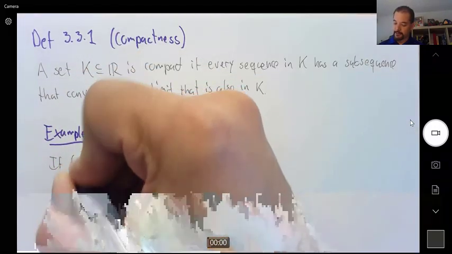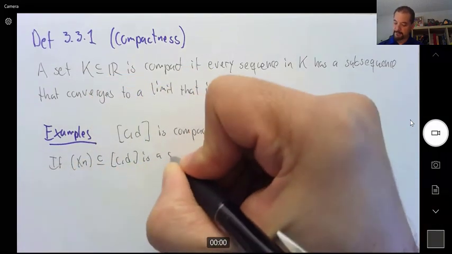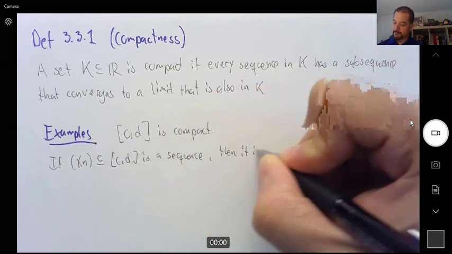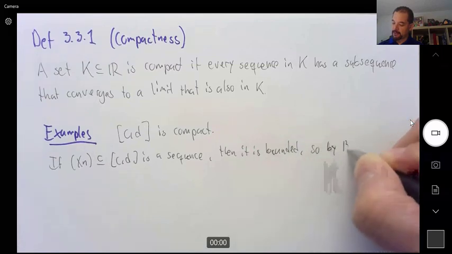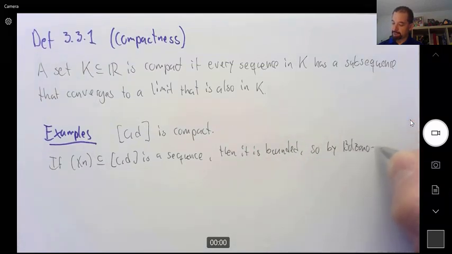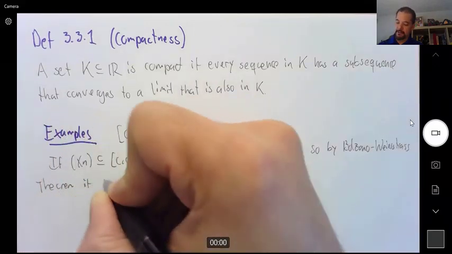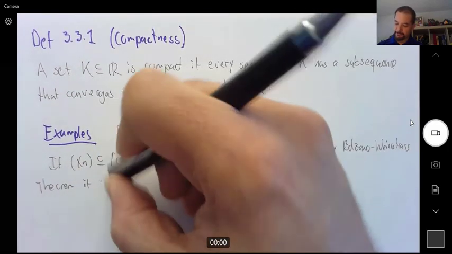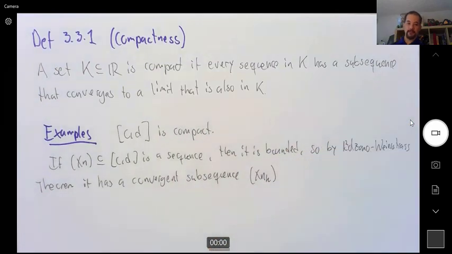If x_n is a sequence, then it is bounded. So by the Bolzano-Weierstrass theorem, it has a convergent subsequence, x_{n_k}.